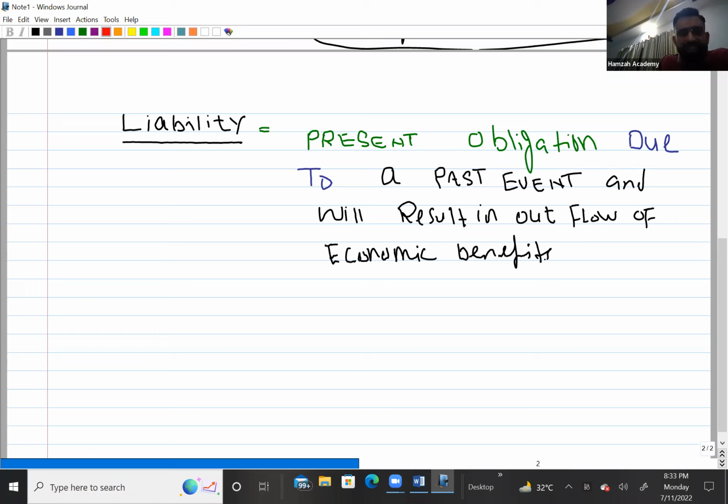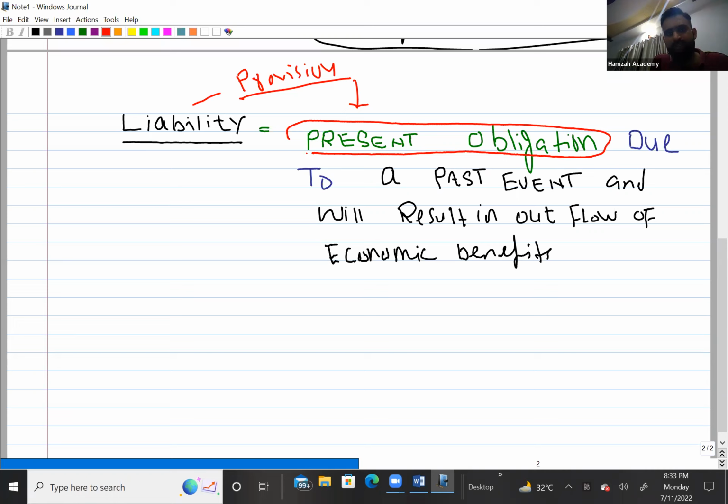So when you say that a provision is a liability, that means it is understood that the definition of the liability must be fulfilled. If something is not a liability, then we cannot say that it is a provision. And for a liability, it should be a present obligation. Present obligation means that there is no alternative.